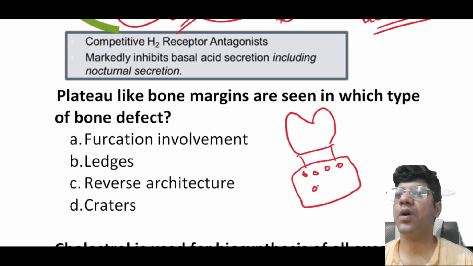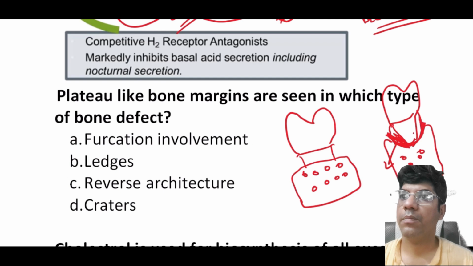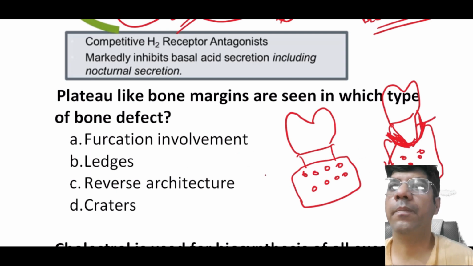So suppose this one is the normal bone contour, and in the craters there is... So remember this, plateau stage boning margins, they are seen in the craters.